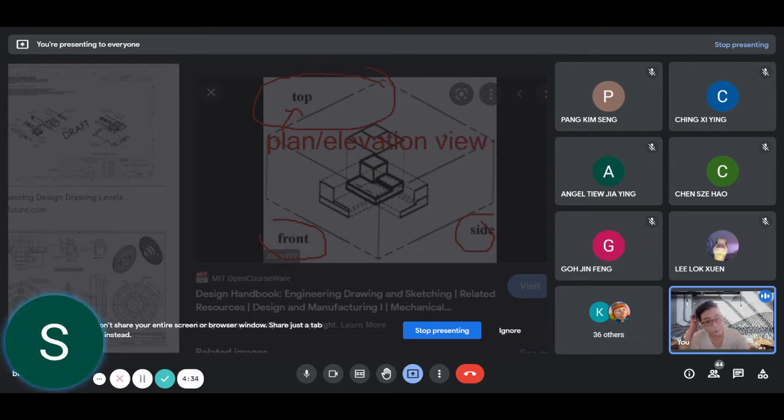So when it comes to drawing, we can have different names for it. Here, this one we can call an isometric view. It's a 3D view of the object. If you see it from the top, we can call it plan.